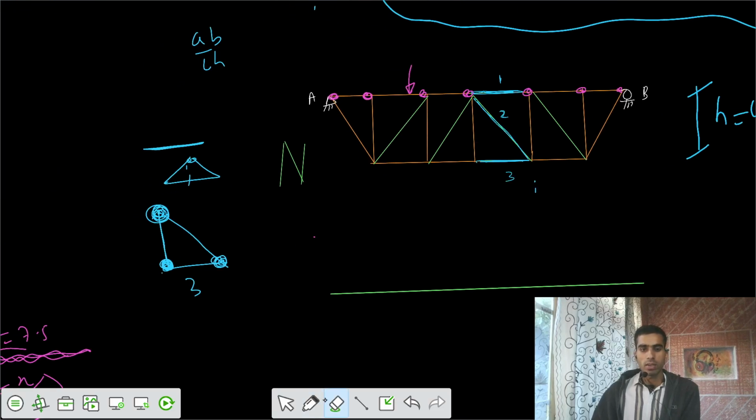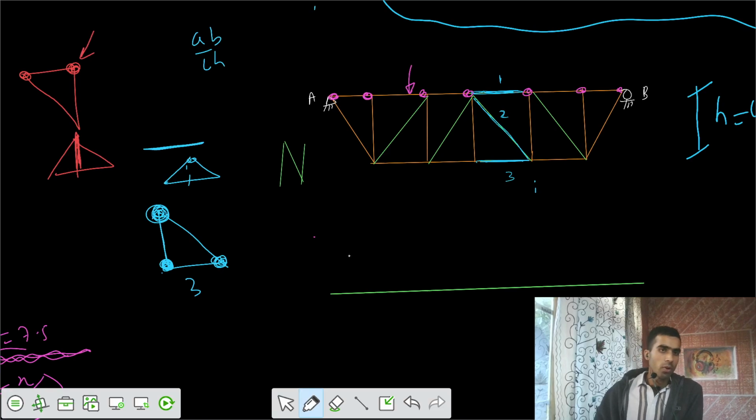See, for the previous one, we said that loading was placed here and here, and I said that finally the peak gets developed at this point. You have to check at what location your peak gets developed.